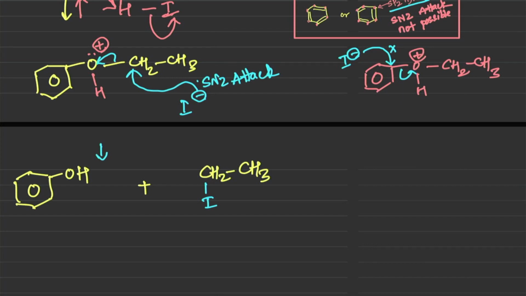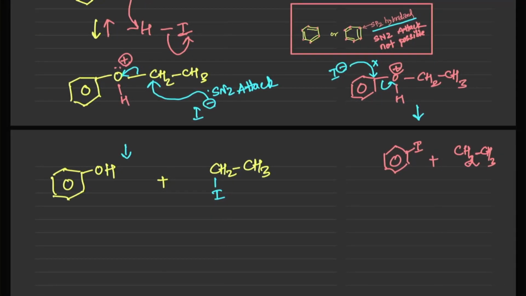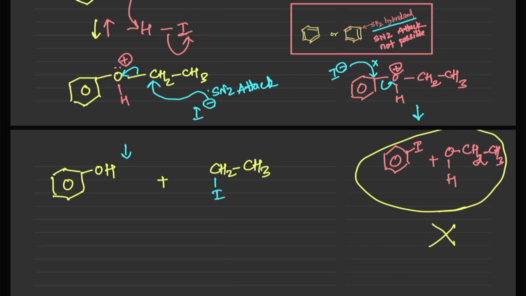I'm just showing you what would happen if it did. Basically you would get I here, and on the other side you would get CH2, CH3, and O and H. This product will not happen, because we cannot do an SN2 attack on an sp2 hybridized carbon atom, which is here.